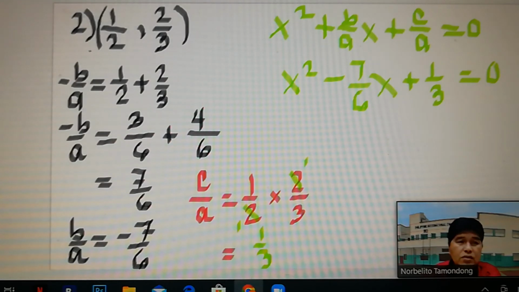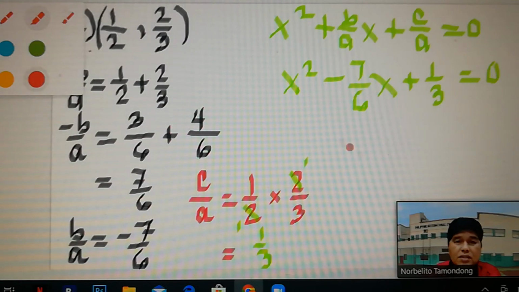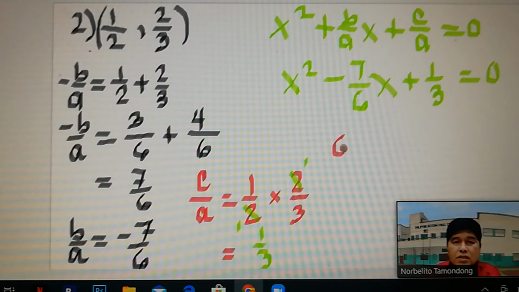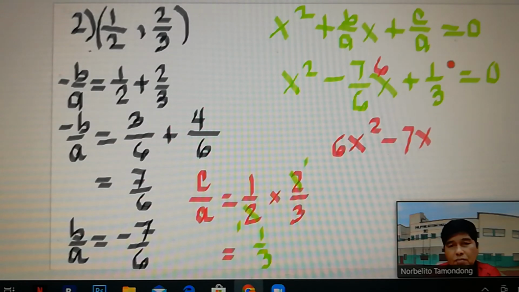Which is equal to 6. So our final answer is now equal to 6x squared. Multiply this by 6, multiply this by 6, you just simply cancel 6. So the result is negative 7x. If we multiply 1/3 by 6, we cancel 3.